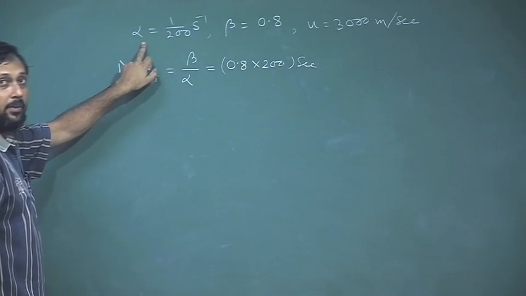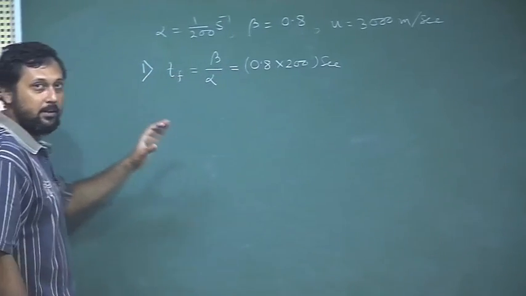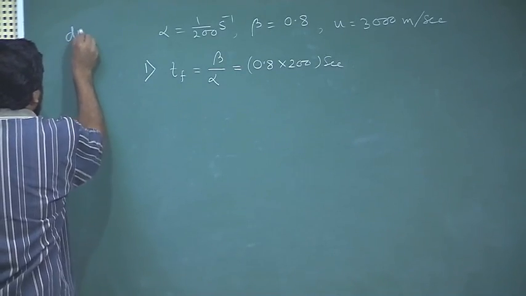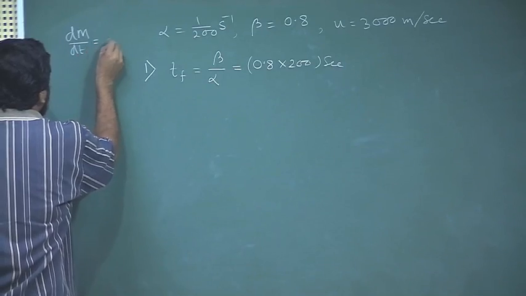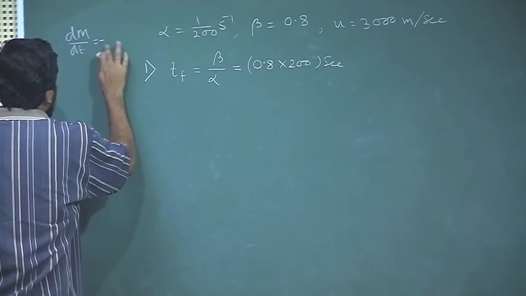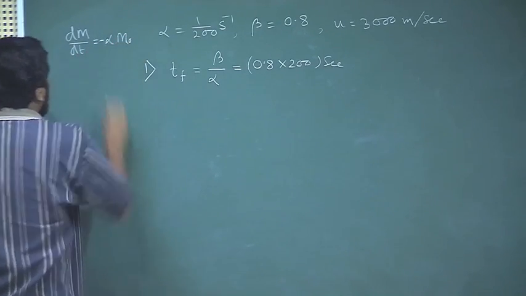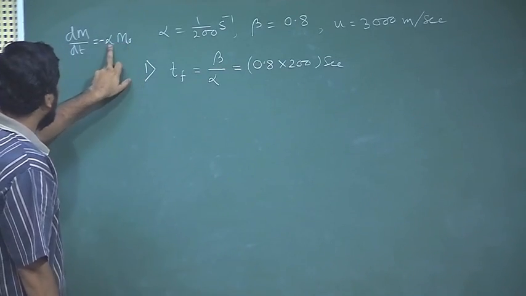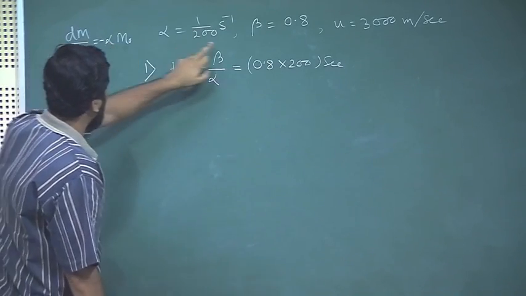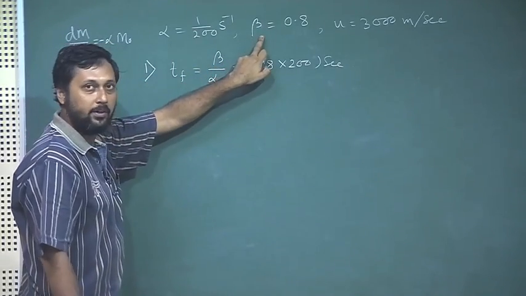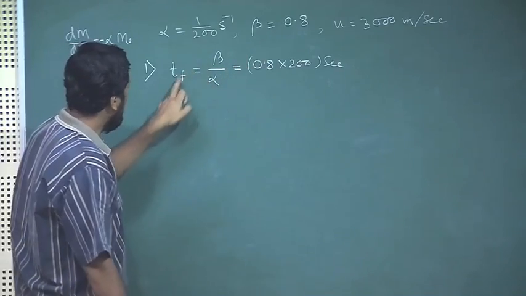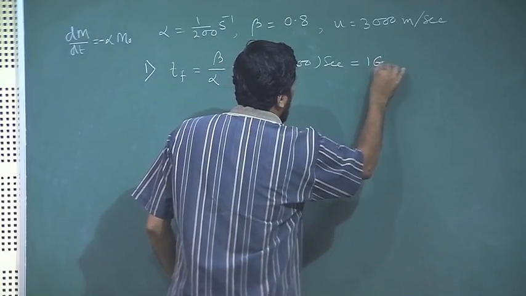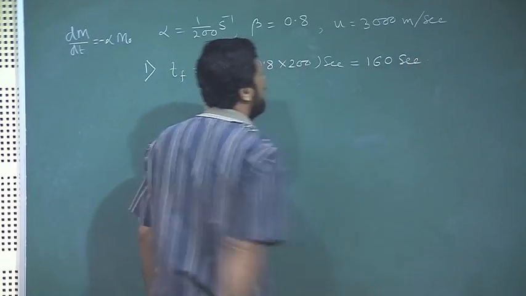Typically when we are calculating dm/dt, please recall that dm/dt is given as minus alpha m0. So, m0 is the unit of kg, so it will be kg per second. The unit of alpha is second inverse, and beta is a dimensionless quantity because it is a ratio of two masses. So, Tf is beta by alpha, which is equal to 160 seconds.